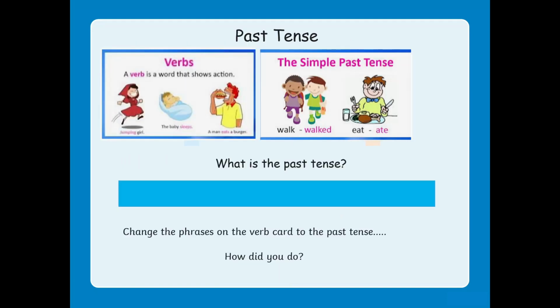Now we're going to look at past tense. Let's have a look at these cards. First, we need to make sure that we know what verb means. A verb is a word that shows action. So if you look at the verb card, you can see there's a jumping girl, the baby sleeps, a man eats a burger.